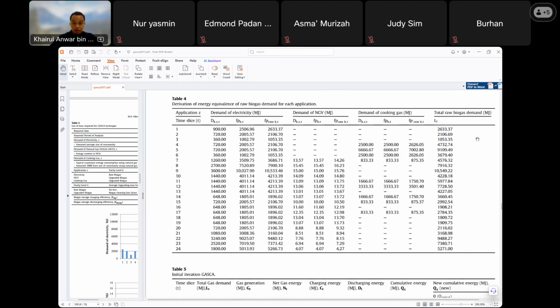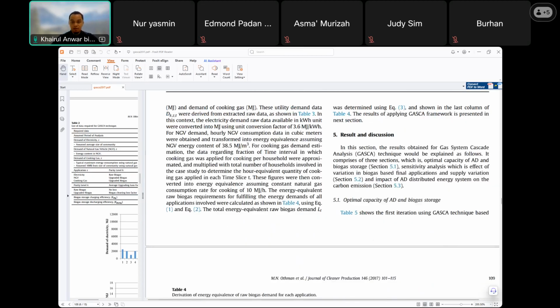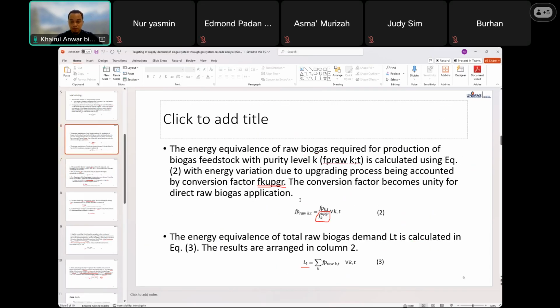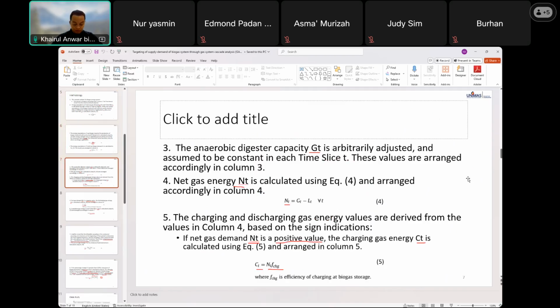Next is number 3. The anaerobic digester capacity GT is arbitrarily adjusted and assumed to be constant in each time slice T. These values are arranged accordingly in column 3.